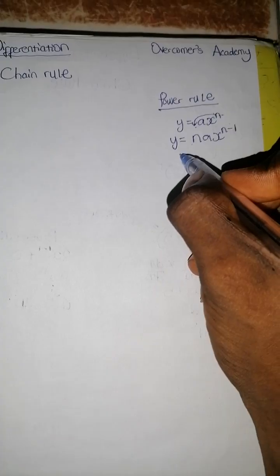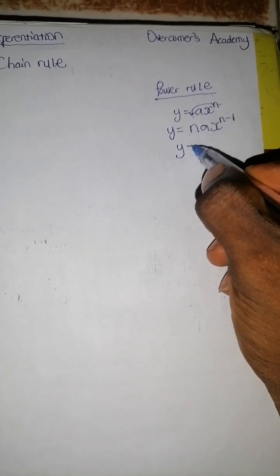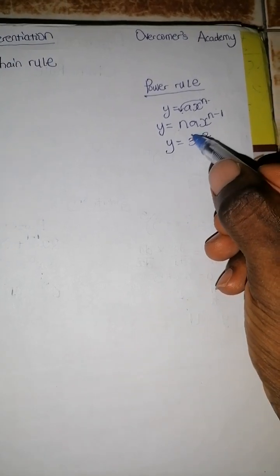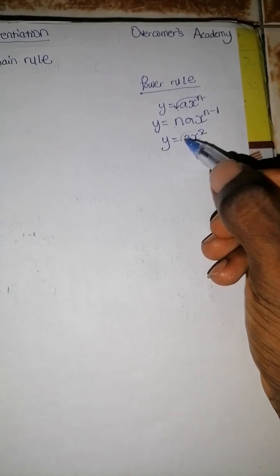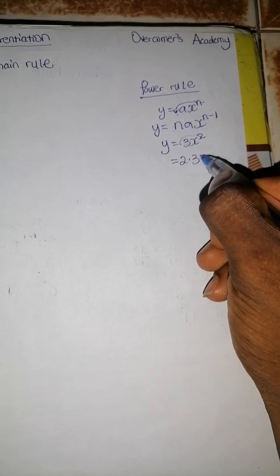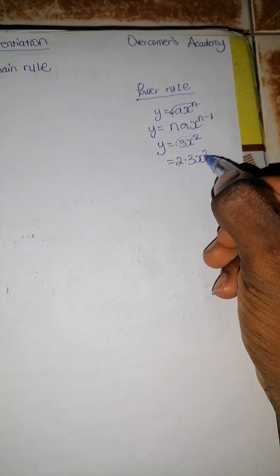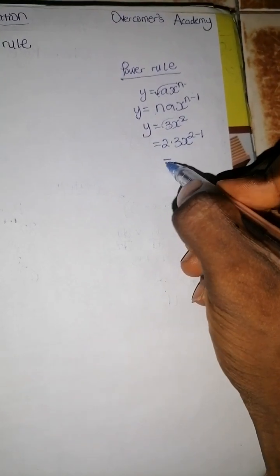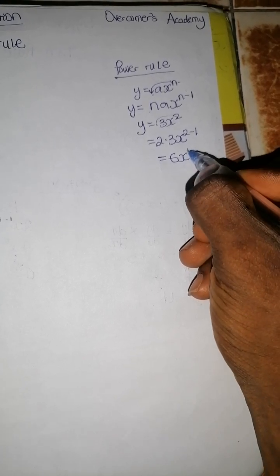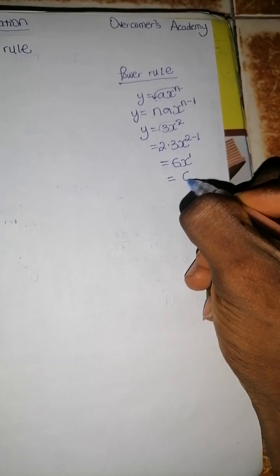Example, I have something like this, y equals 3x squared. This 2 comes down here and then multiplies the 3. That will be 2 times 3x raised to the power of what? 2 minus 1. Can you see it? We have what? 6. 2 times 3 is 6. 6x raised to the power of 1, which is the same thing as 6x.